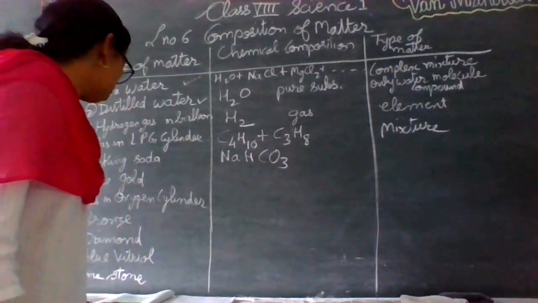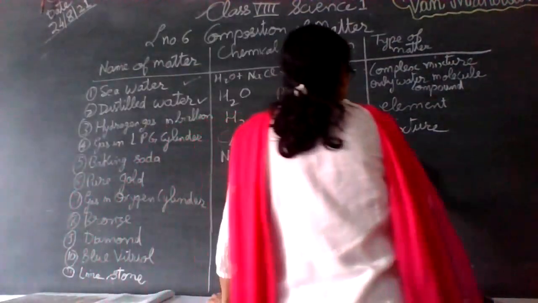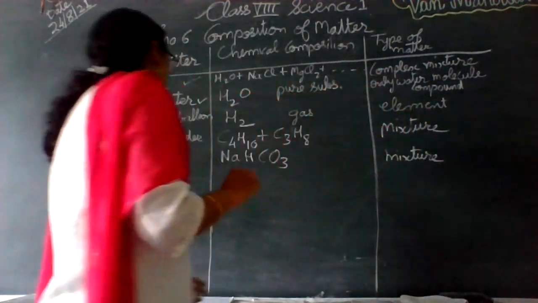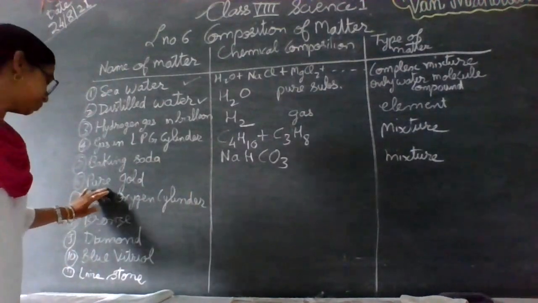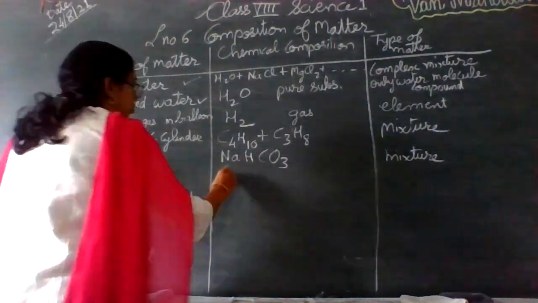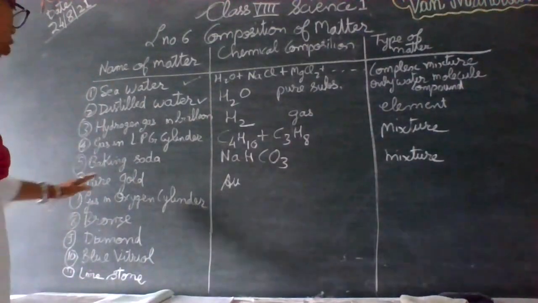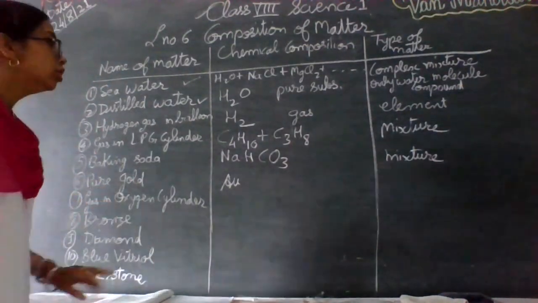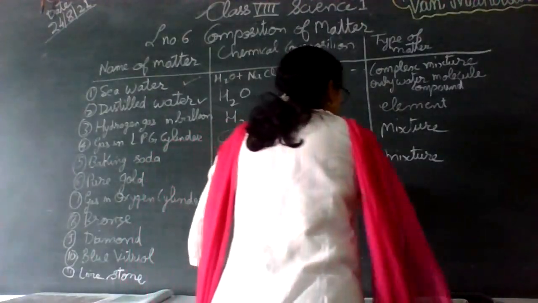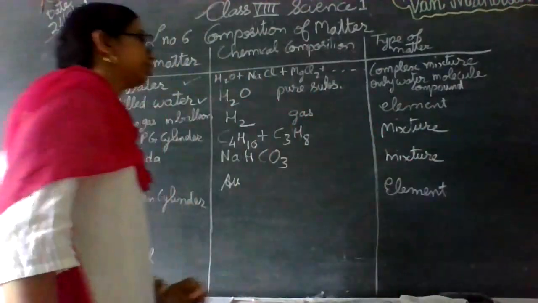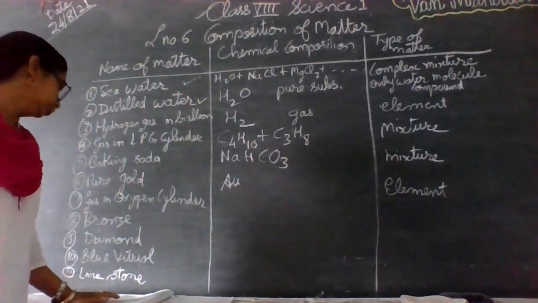This is also a kind of mixture. Okay. Next one is pure gold. For gold, the formula is Au. And gold is pure, it is already written pure gold. So this is in elemental form, not a mixture or a compound.